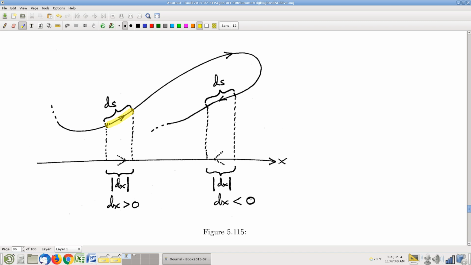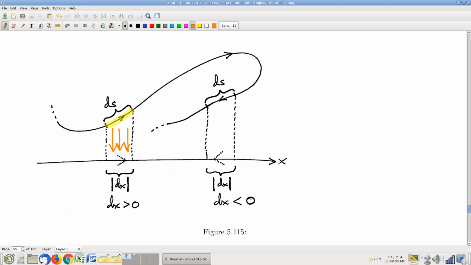Don't think about how coordinates are changing. Think about that piece of length itself, that piece of curve itself. Think about this process of how that piece of curve projects down onto the x-axis. And I appeal to your geometric intuition.